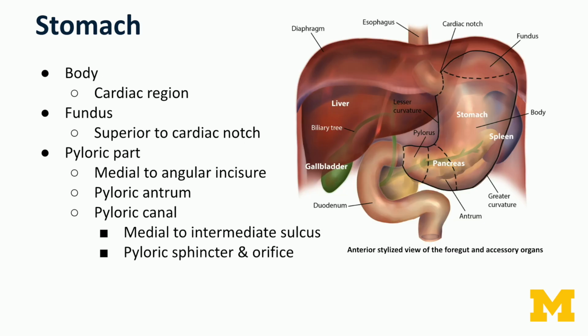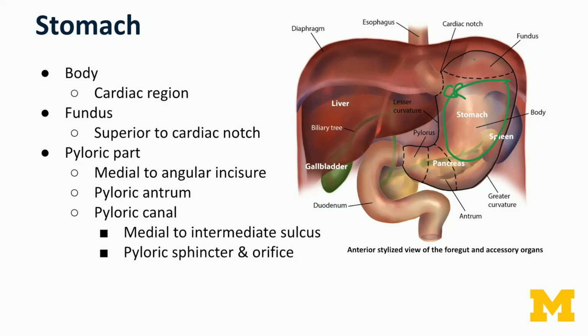So the stomach has several regions to it. The main part of the stomach is the body of the stomach. The body of the stomach is going to contain that cardiac region into which boluses move.